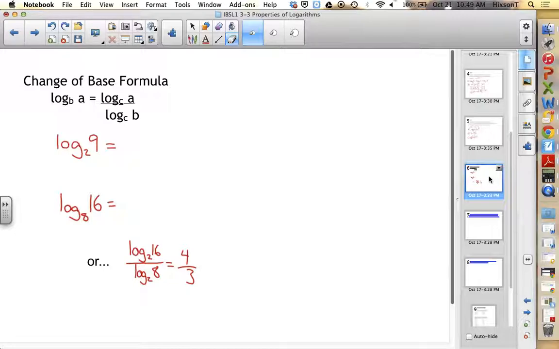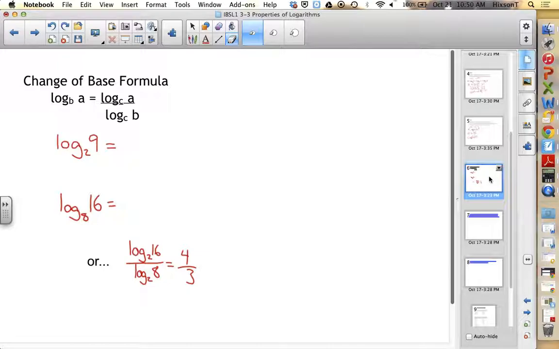So we have here the log base 2 of 9 that we have to evaluate, and we don't have a calculator that can do it for us. So we have to change the base to something our calculator can handle.